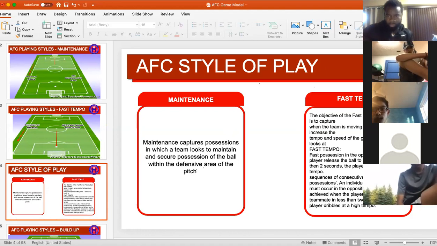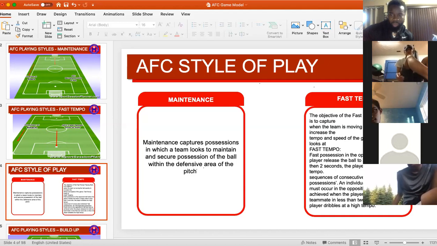And then fast tempo is a fast possession in the opposition half where the player releases the ball to a teammate in less than 2 seconds, or the player dribbles at high tempo, a sequence of consecutive individual fast possessions. An individual fast possession must occur in the opposition half and can be achieved when the player releases the ball to a teammate in less than 2 seconds or when the player dribbles at a high tempo.